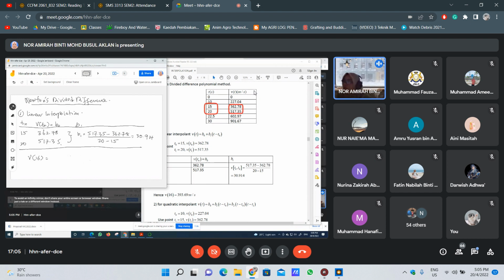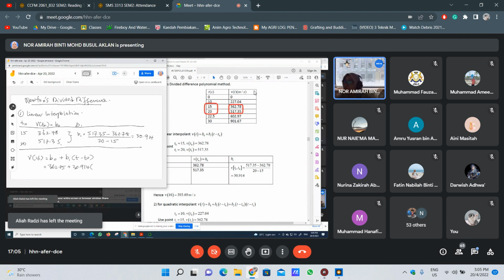Okay, don't forget the formula. V naught plus V1 (T minus T naught). So V naught awak adalah tadi? Berapa? 362.78. Okay, 362.78 plus V1, 30.914 (T minus T naught).